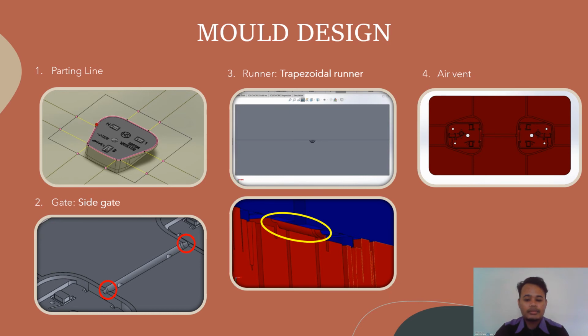Vent. So the vent is a surface in the cavity of the mold. In injection molding, molten plastic is poured inside the cavity. It is also possible to say the process is replacing the air with molten plastic.